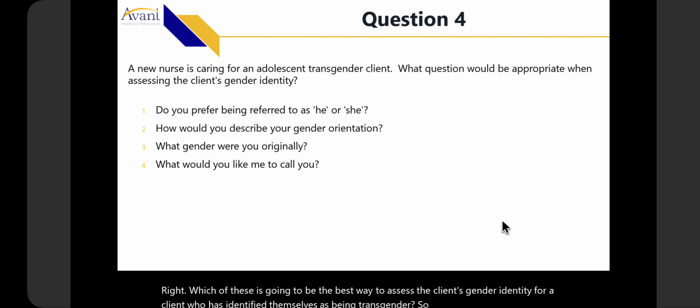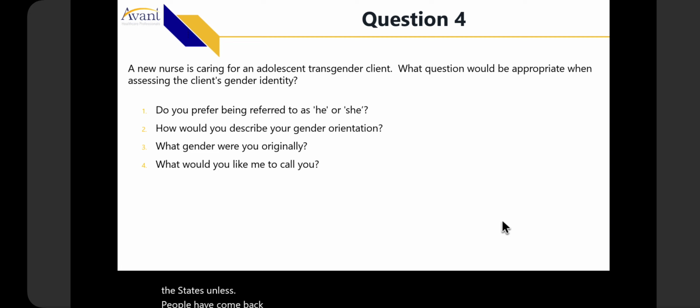So in some parts of the world, this may not be an issue yet, but it is something that you will likely encounter when you come to the States, unless people have come back to their senses. Right, so a good number of you are getting this correct, which is great, right?